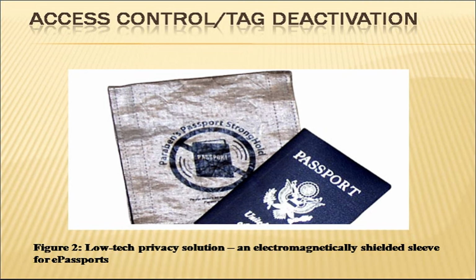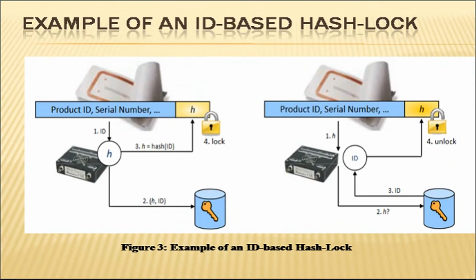But the problem with this approach is that it can be applicable to identity proof systems, but with, for example, shopping bags which I am carrying, where I have hundreds of RFID tag enabled items, this solution will not work.